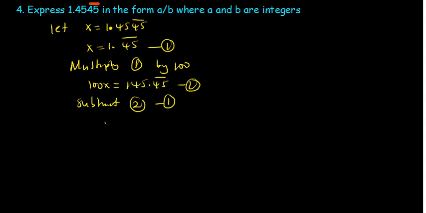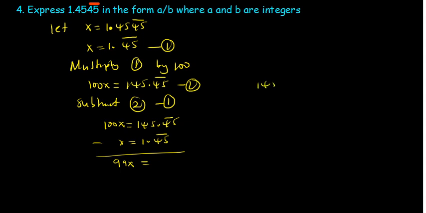So this is going to be 100x, which is equal to 145.45, and then x, which is equal to 1.45. This is repeating, this is also repeating. So 100x minus x, that will be 99x. And we've got 145.45, and we have also 0.45 there, and then we've got a 1 here.